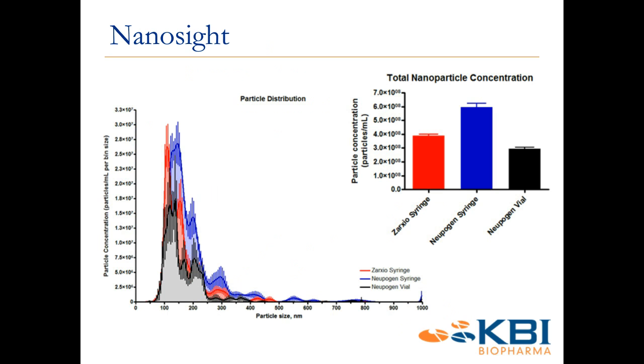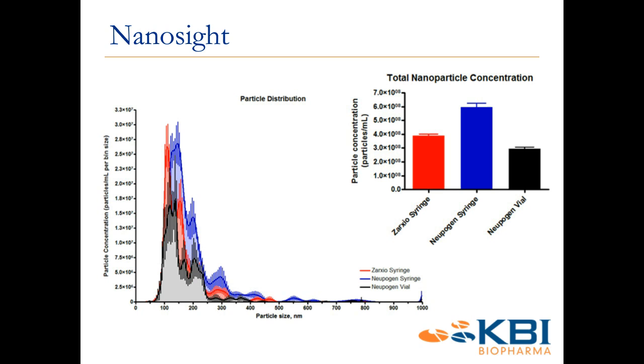So the Archimedes will get you down to around 300 nanometers or so. When we want to look a little further, that's where we use a technology called NanoSight, or NTA. This technique will get you down to around 30 to 50 nanometers for protein particles, with some caveats. So we're able to look at both the concentration as well as the distribution of particle sizes present in the different samples.